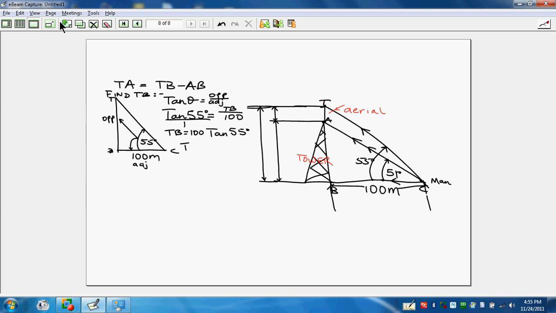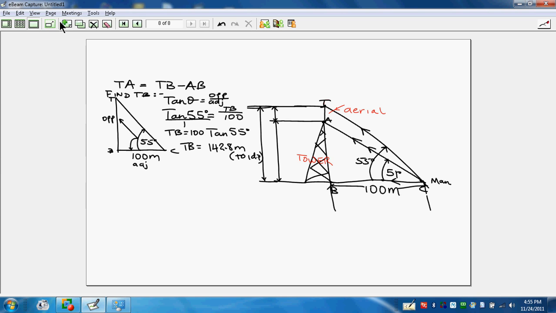And therefore we could find what TB is. TB works out to be 100 multiplied by tan 55, which gives you 142.8. Right? I mean, that's if we round it off to one decimal place. Okay, so we now know TB.